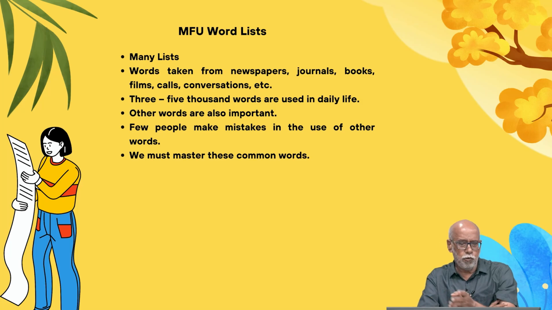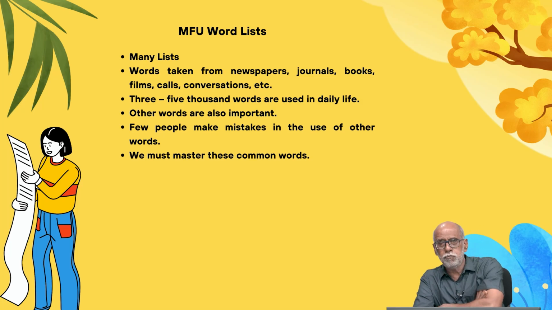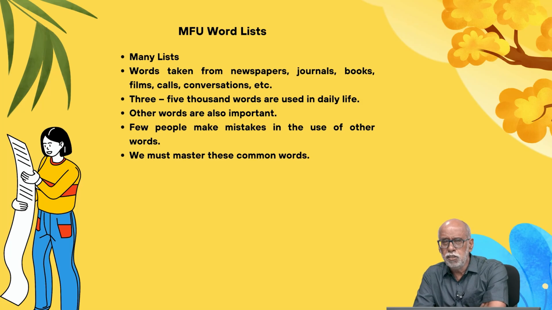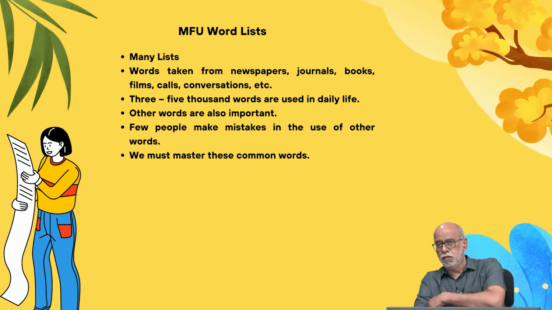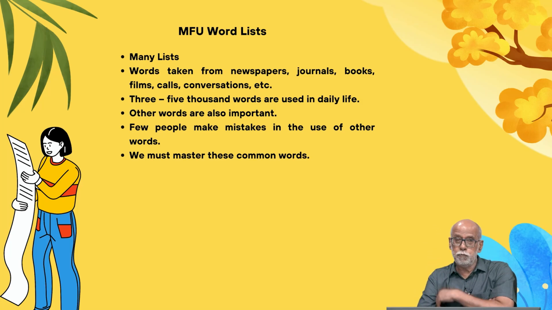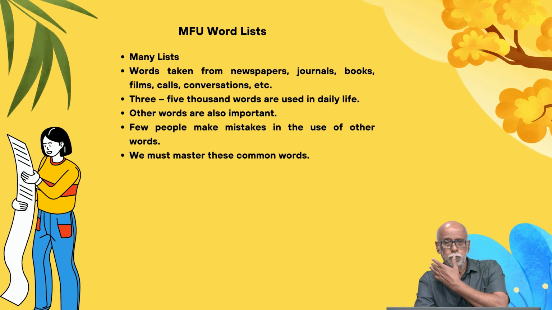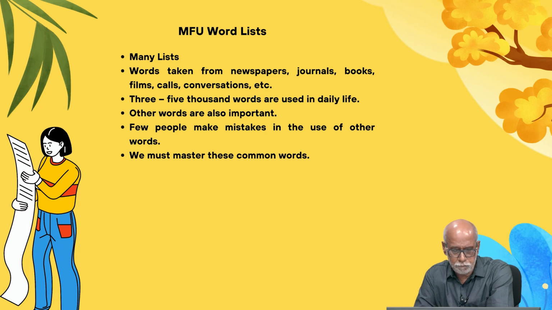Look at the third bullet point on my screen. The 3 to 5,000 most frequent words are the ones we use in our daily lives and with which we manage our lives. We manage our joys, our sorrows, our anguish, our frustrations, our hopes, our dreams, everything, with these words.